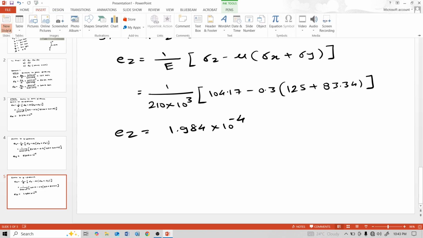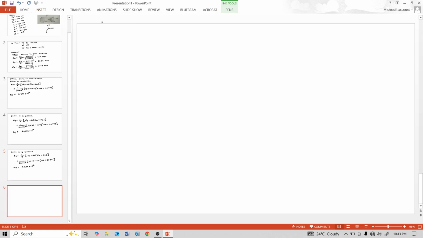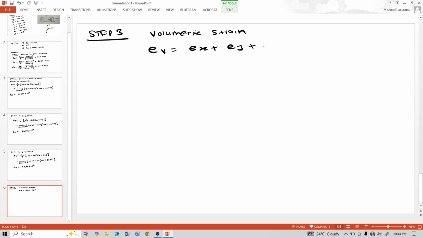Now next, step 3. Step 3 is volumetric strain. Volumetric strain of a rectangular bar subjected to triaxial loading, EV, is equal to EX plus EY plus EZ.